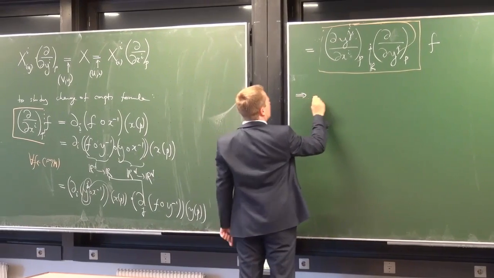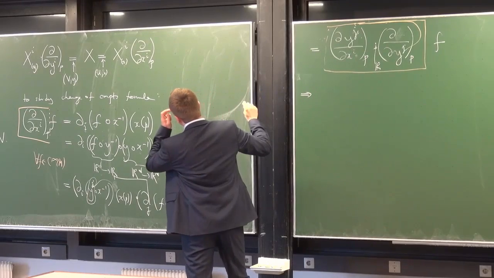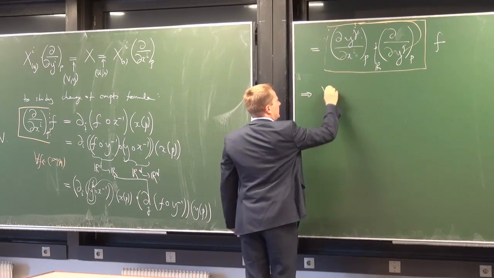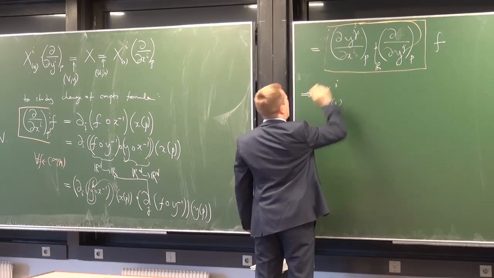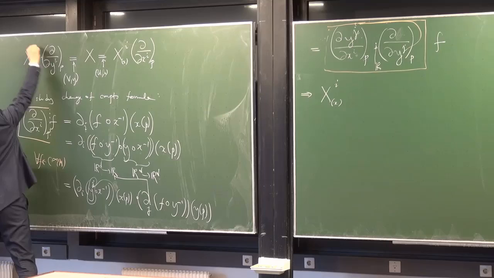Therefore, insertion into that yields, how do we do that? Okay, x, the ith component, and for future use, let's make this a jth component from the beginning.